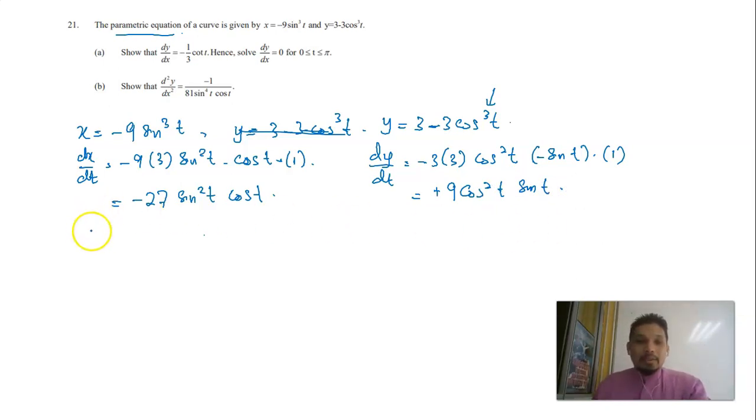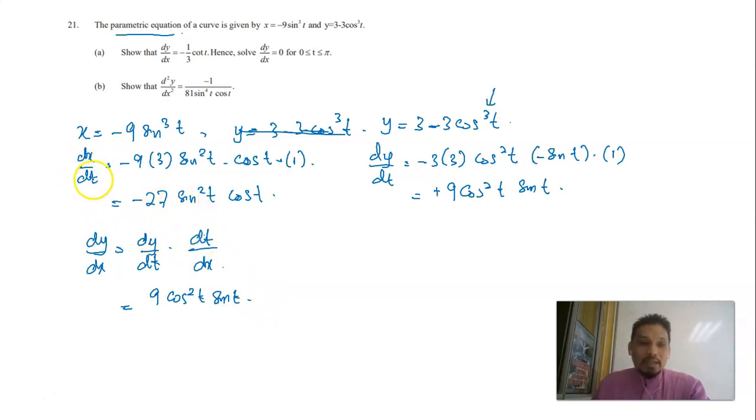So now dy/dx equal to dy/dt multiplied with dt/dx. dy/dt is 9 cos squared t sine t, multiplied with dt/dx.